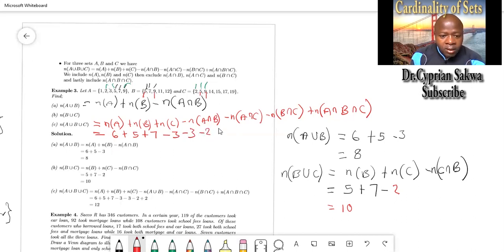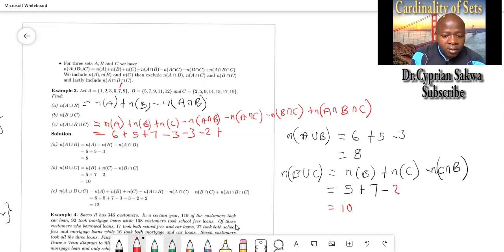What about the common intersection? A, B, C. How many elements? Let me erase this. So I can see there is a 7.